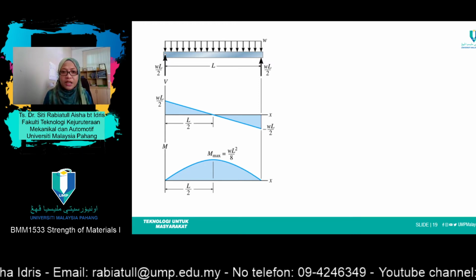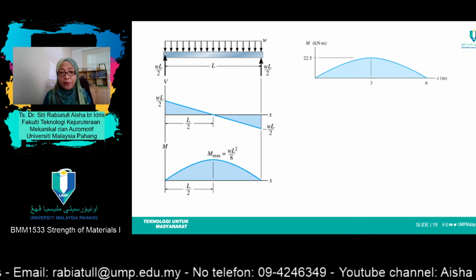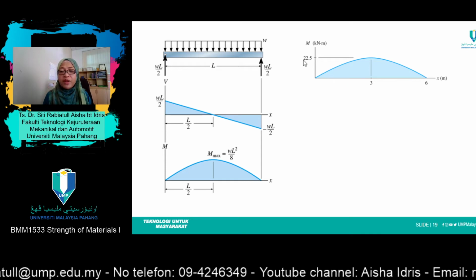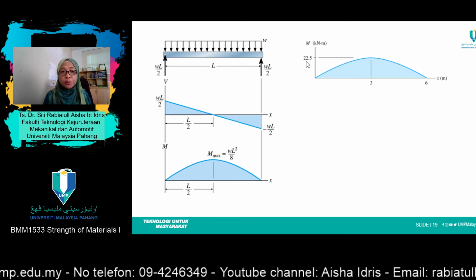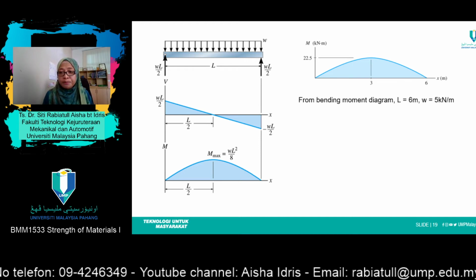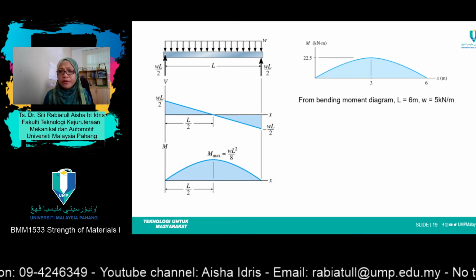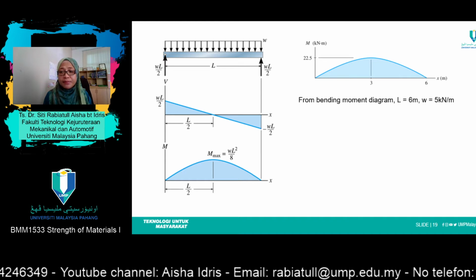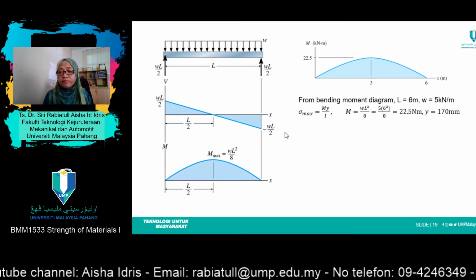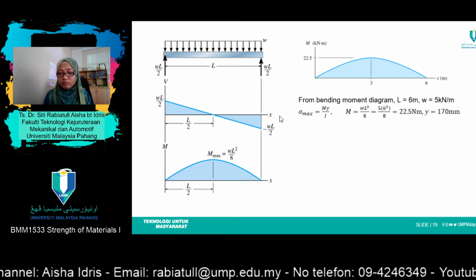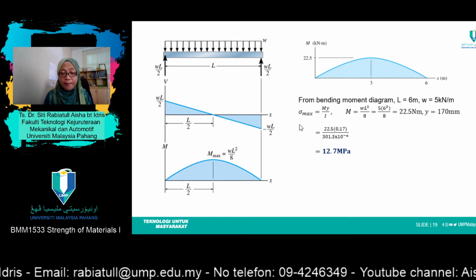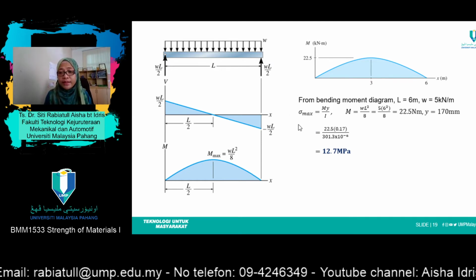But a little bit of exercise for this example. Okay, so the maximum value of moment is 22.5 for this case. From the bending moment diagram, L equals 6 meters, W equals 5, and from there you can calculate the value of sigma max, which is required by the question.